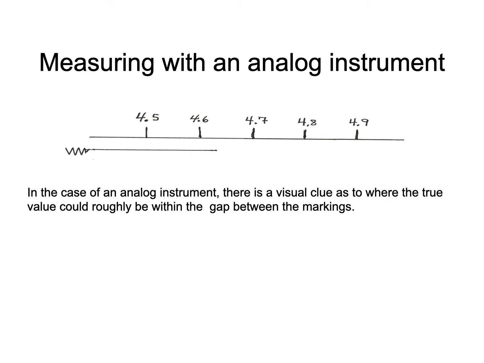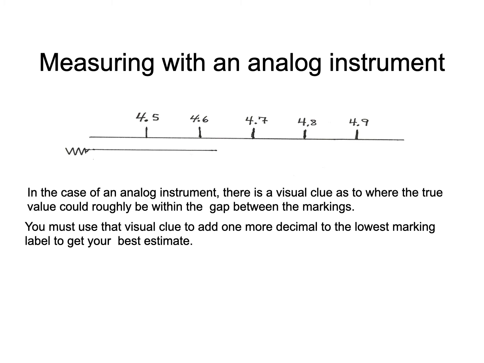It is the experimenter's responsibility to use that information to add an extra decimal to the number associated with the lowest marking. In our example here, the length to be measured is clearly more than 4.6 centimeters, but has not reached the middle of the gap between the markings.